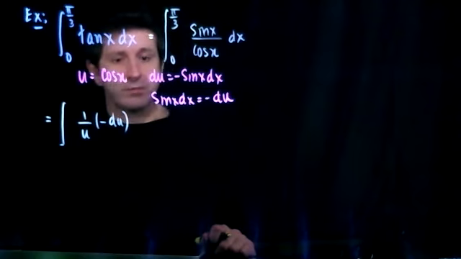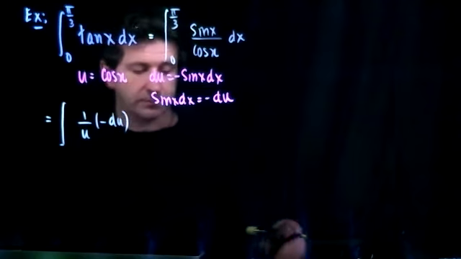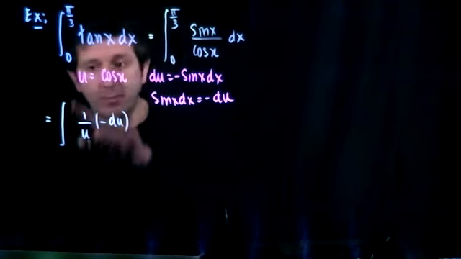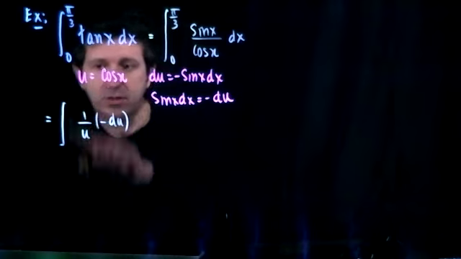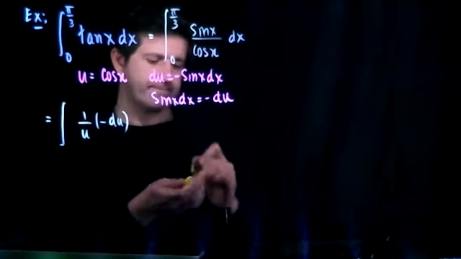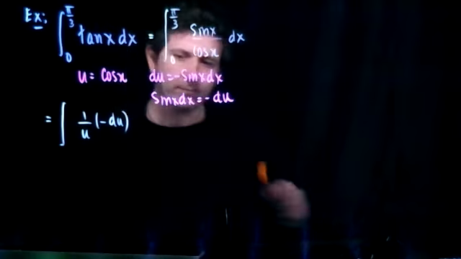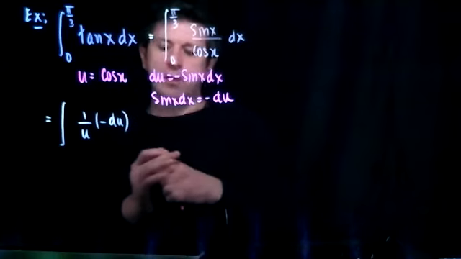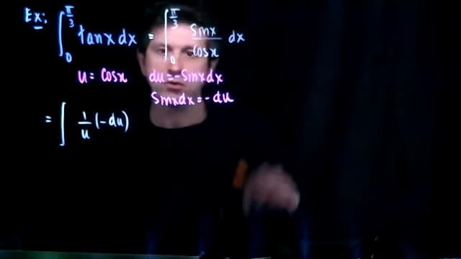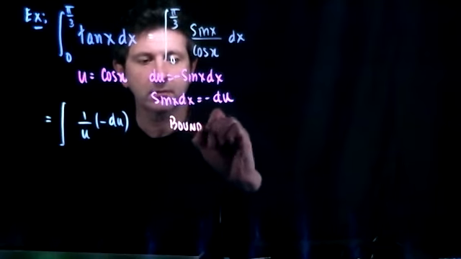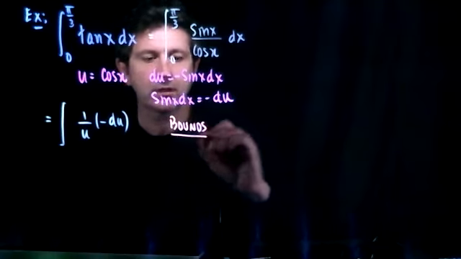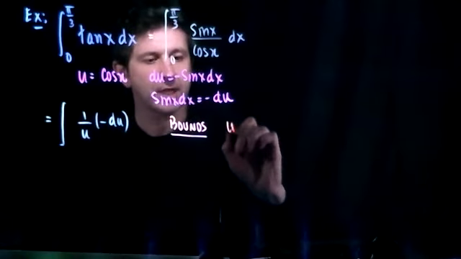So the only thing missing now, of course, is the bounds. Okay, so don't skip the bounds. If you skip the bounds on the test, you will lose points. Okay, I need to see that you change the bounds here. So bounds, my substitution is u equals cos x.